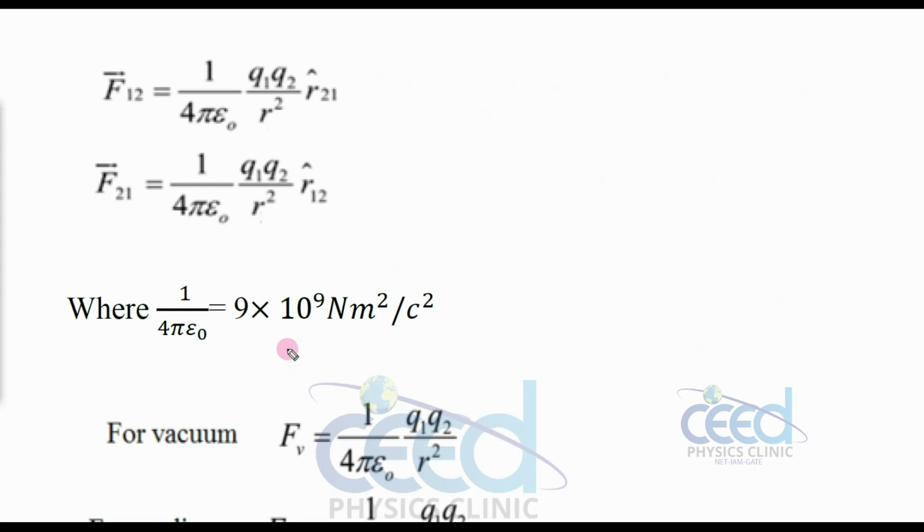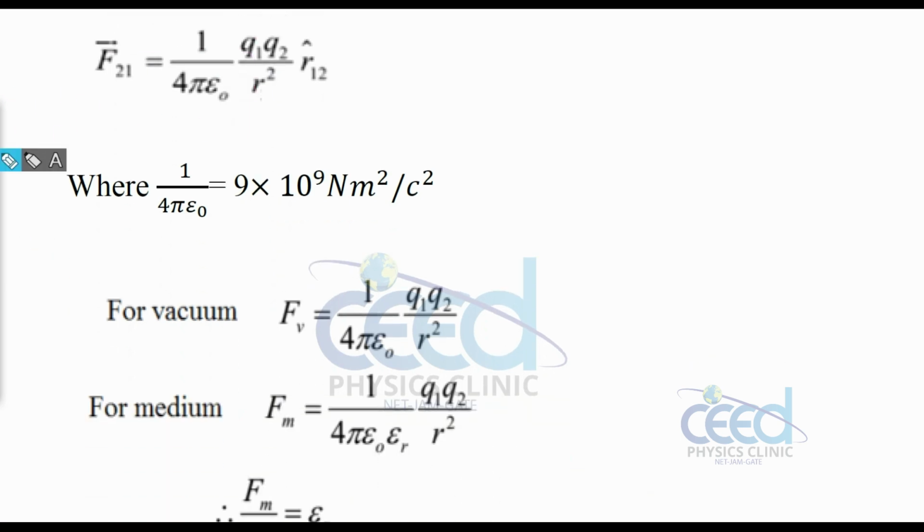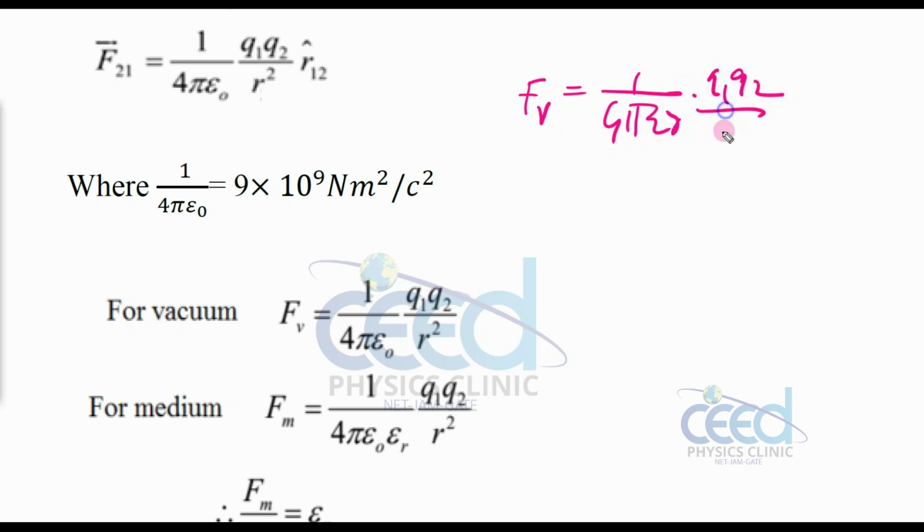Alright, so now we are able to derive the connection between these two forces. We already know in free space, that is, F vacuum, right? So F v is equal to 1 by 4 pi epsilon 0 q1 q2 by r square. In a medium, this changes to 1 by 4 pi epsilon q1 q2 by r square.